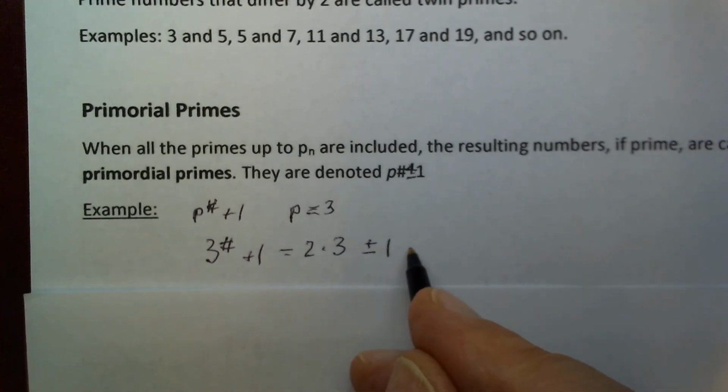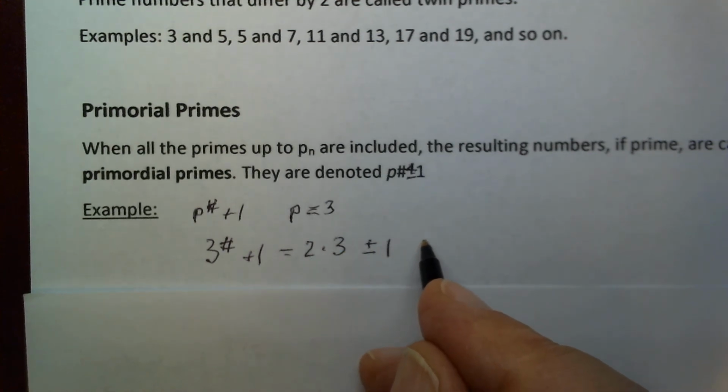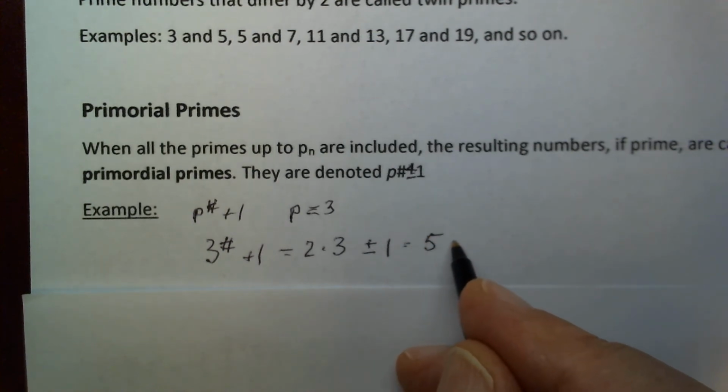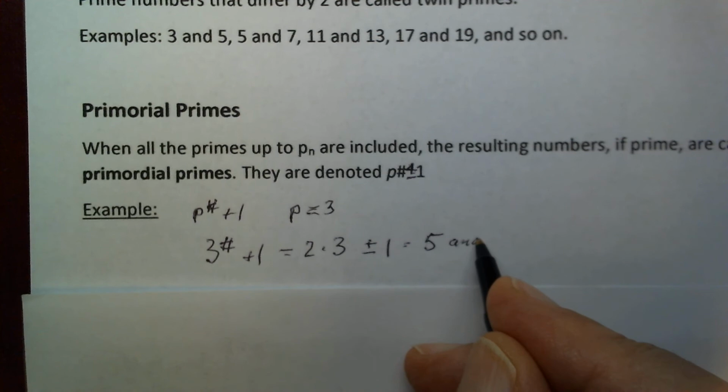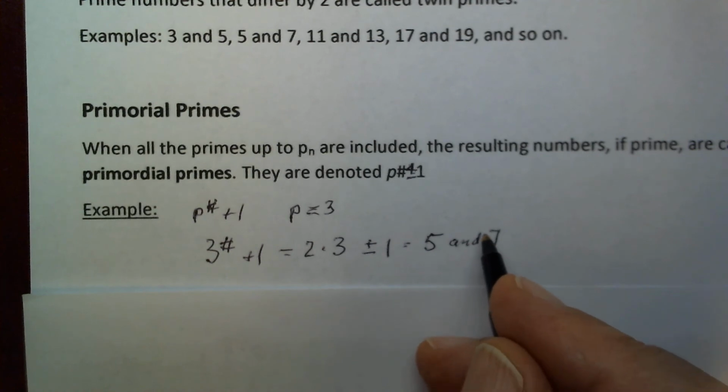With the minus, 2 times 3 is 6, minus 1 is equal to 5, and with the plus sign, it's equal to 7. So they're both primes, of course. And not only that, they're twin primes.